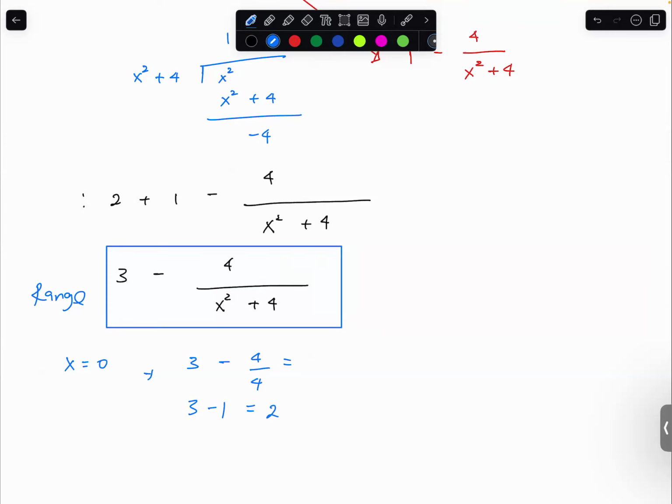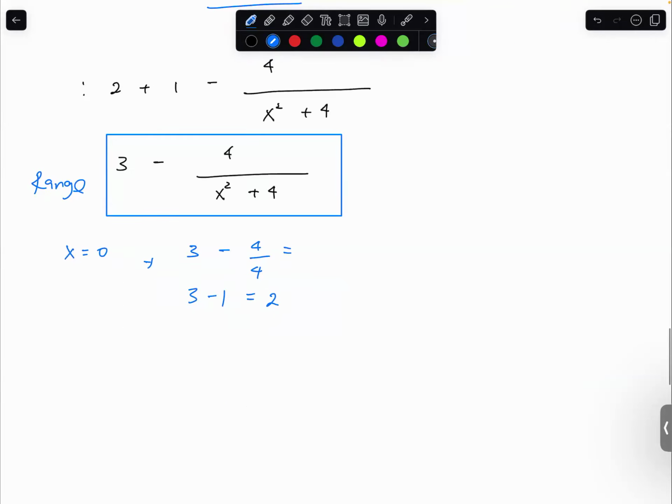So the minimum this function could be is 2, which will be at x equals 0. At anything else, this is going to be something greater than 2 but less than 3, because you are subtracting a very, very small number from 3. So now this is kind of obvious.